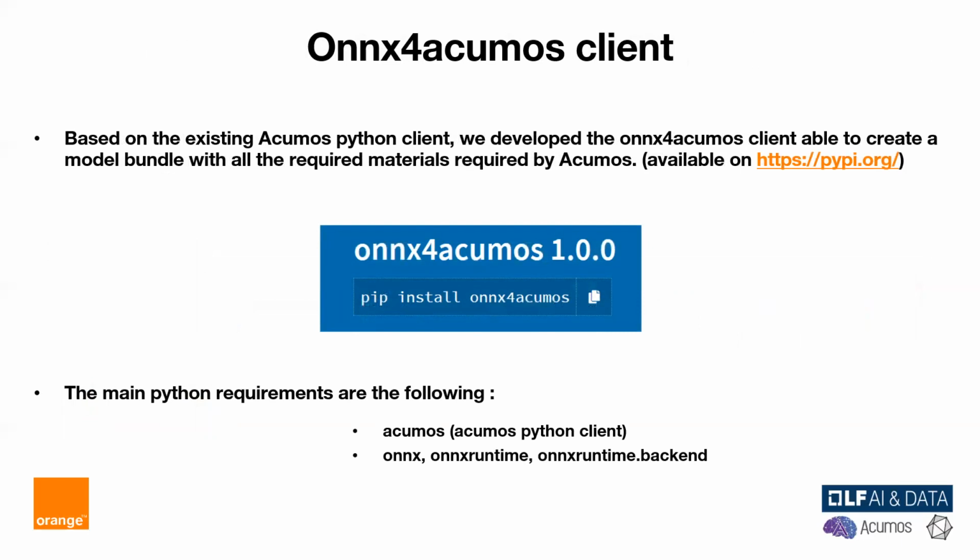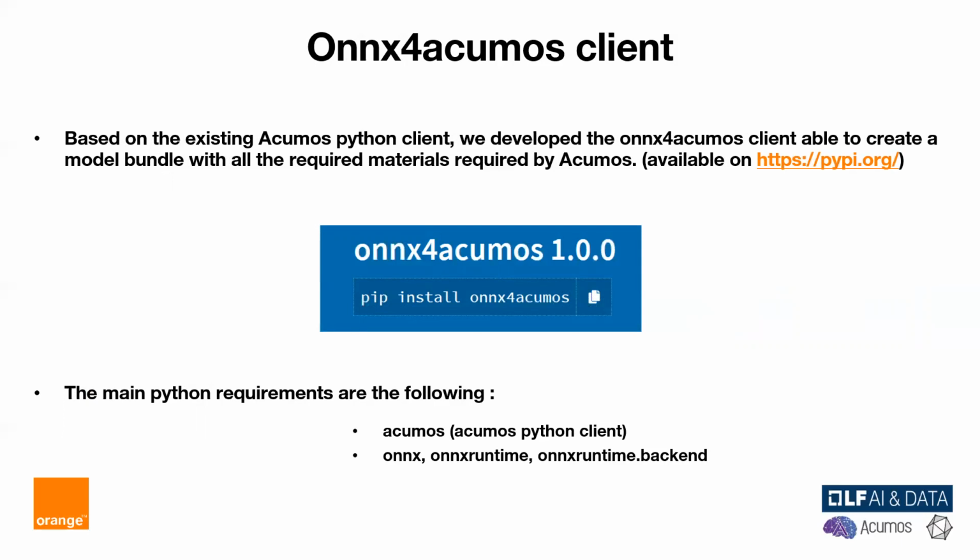So to create this specific ONNX client for Acumos, we use another existing client, the Acumos Python client. This Python client is currently in use for all the Python models written by a data scientist.